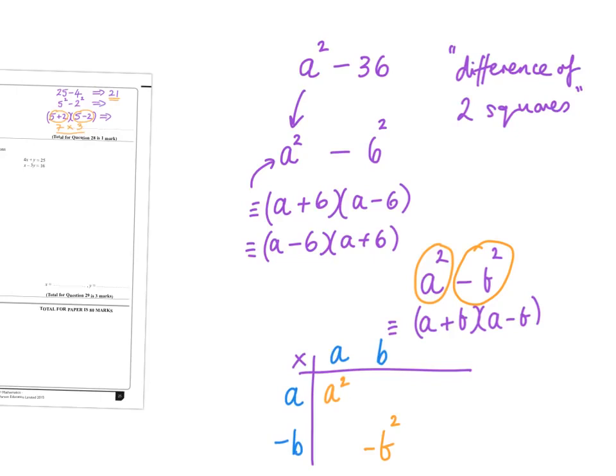And so you'd be wondering what the other parts of the table would give. Well, you'd have an a times a b, which would be ab, and here you would have a times minus b, or minus b times a, it's the same thing, and you would end up with minus ab.